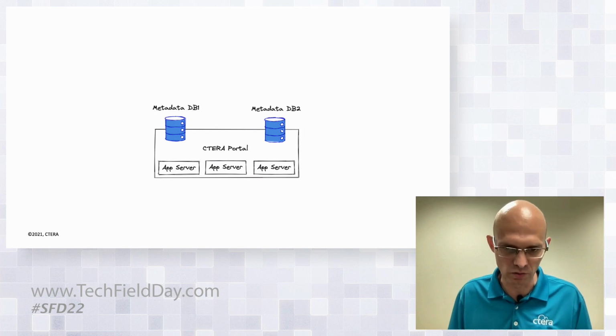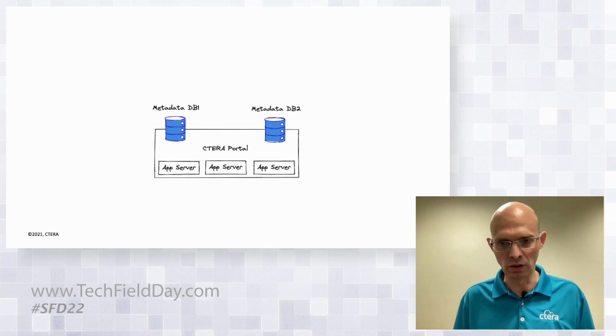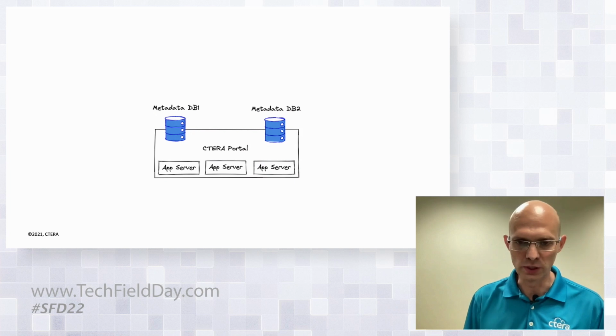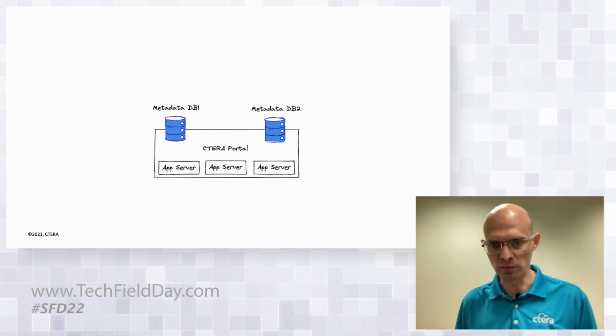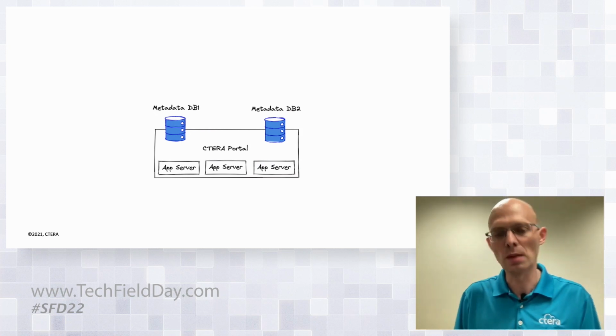The number of application servers is horizontally scalable, so you could have as many or as few as you need for your amount of load. And there is a metadata database, which is replicated. So for high availability, we have a pair of metadata databases that are replicated to 2 different locations.